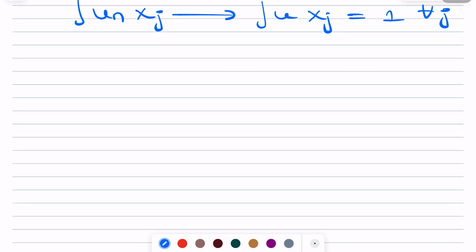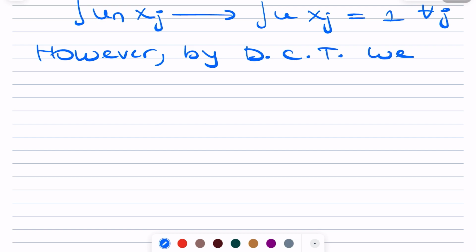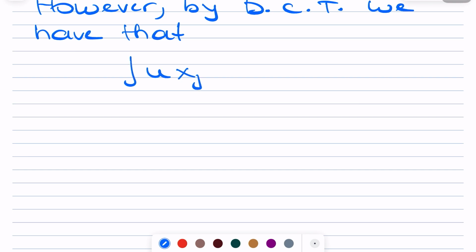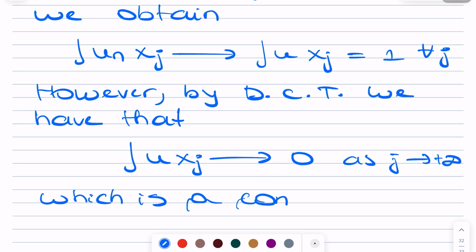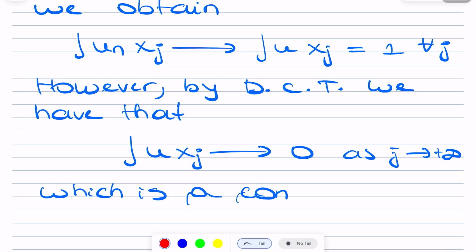However, by the dominated convergence theorem, you can check the hypothesis, the integral of U chi j goes to 0 as j goes to plus infinity, which is actually a contradiction, because up here we have convergence to 1, and here we have convergence to 0, so it doesn't make sense.